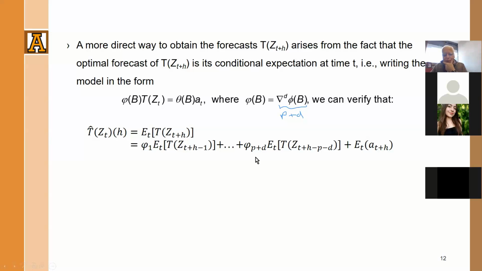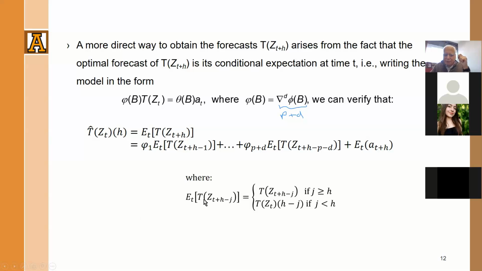So that's phi_{p+d} times the conditional expectation of the transformed Z_{t+h-p-d}, plus the conditional expectation of a_{t+h}. Okay, that's going to be the optimal forecast h periods ahead for the transformed series.